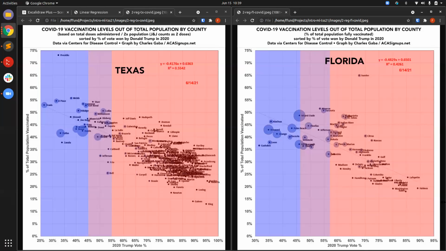In which state is the decrease in population vaccination level associated with vote share bigger?